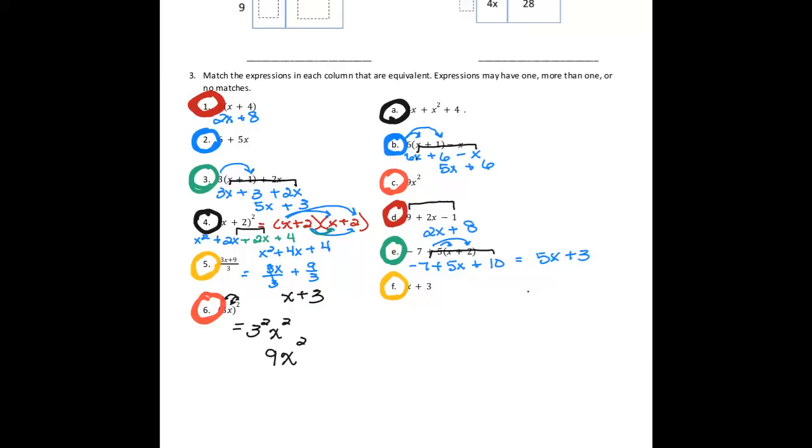Okay. Now, is that the way you have to do it, simplifying them all? No. You know, you can simplify one and then find its match. I was working with someone, I don't know if it was this class or another class, but I was looking at it kind of upside down and didn't realize, I think it was especially this one. You know, I was like 9 plus 2x minus 1.